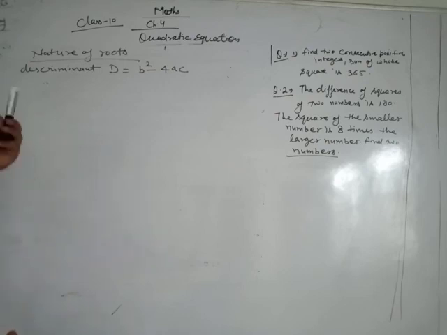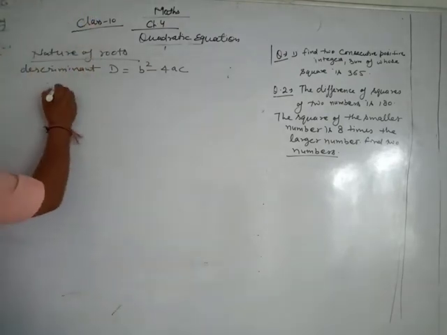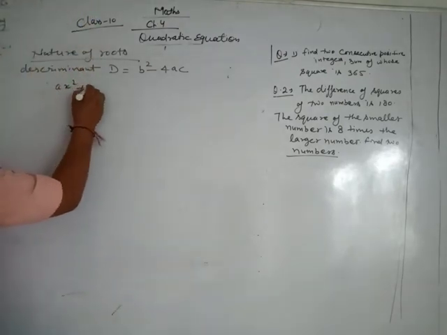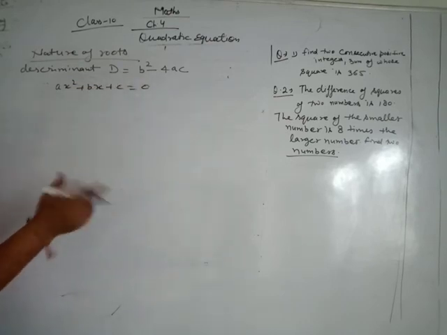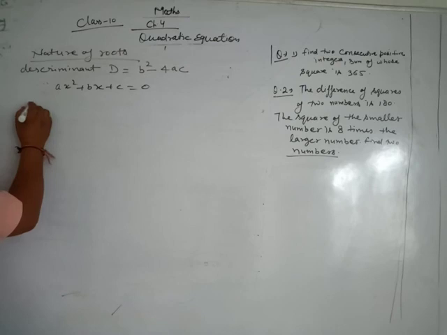So now how can we check the nature of roots? Are there real roots, no real roots, or equal roots? Similarly, we compare the equation with the standard form and find out the values of a, b, c.